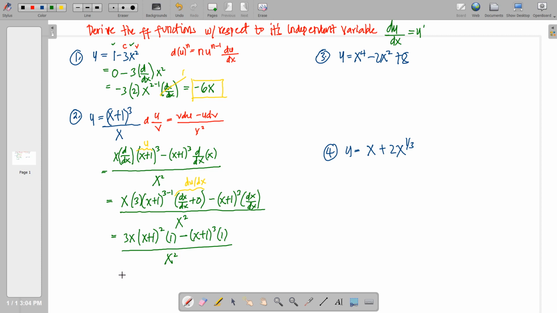So finally, we'll just have to simplify this, and then it is just a matter of distributing the exponents or the denominator to the first and second term.